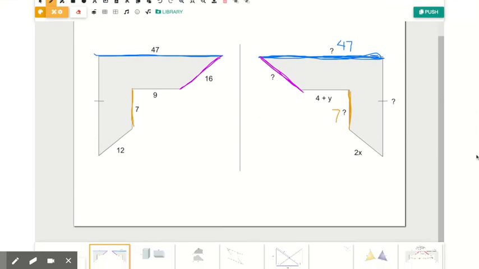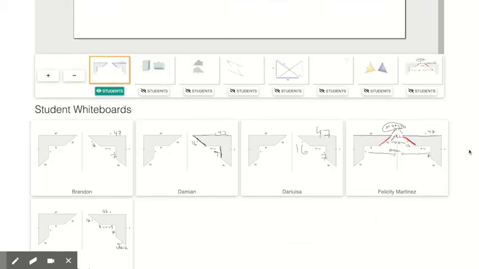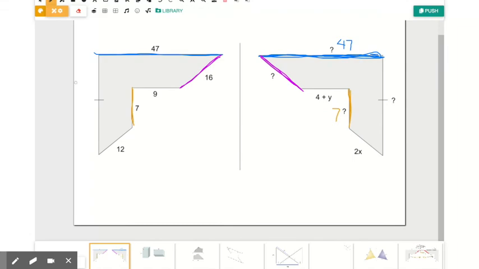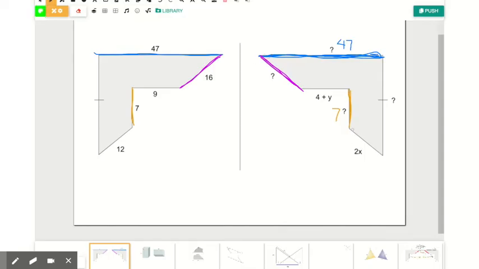And now we're getting into some territory that involves letters, right? So what I would encourage you to do is match them somehow. So I'm going to use Felicity's strategy because I think that's very helpful. My strategy is to kind of color them in.